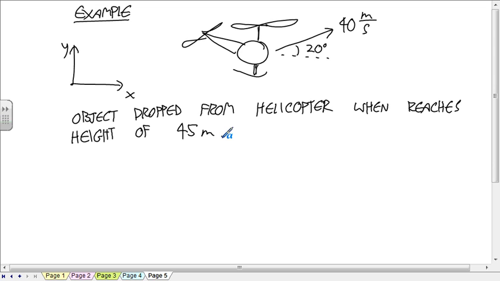All projectile motion, all free fall motion is some part of a parabola.